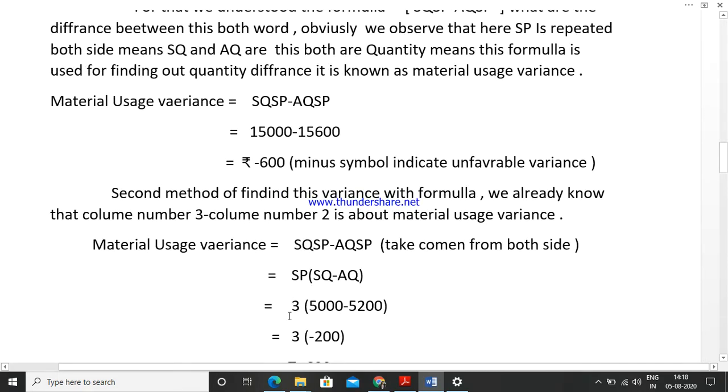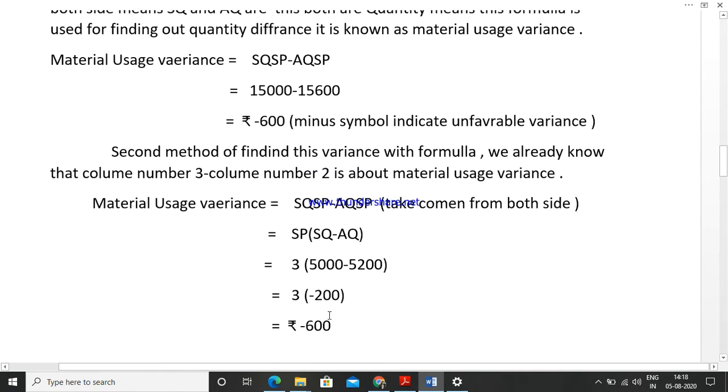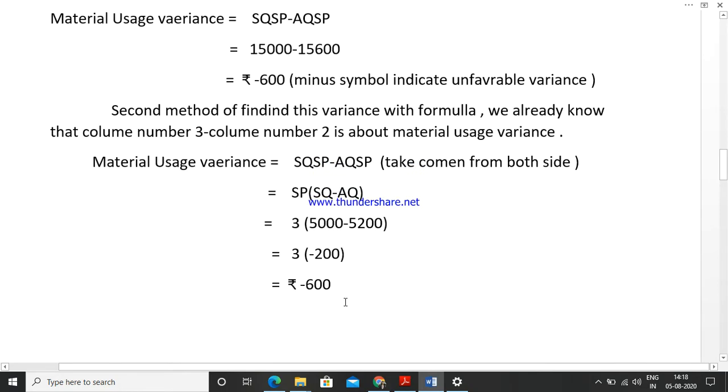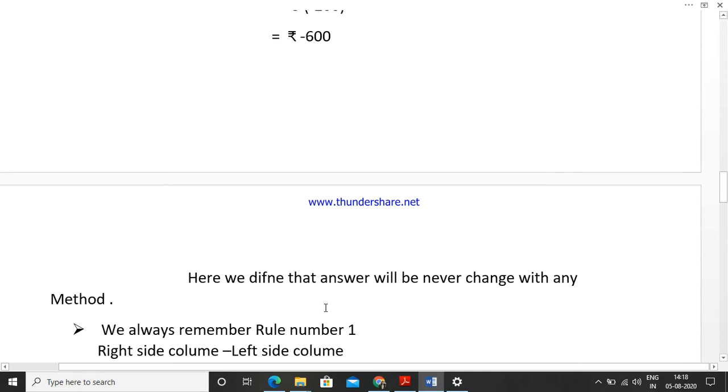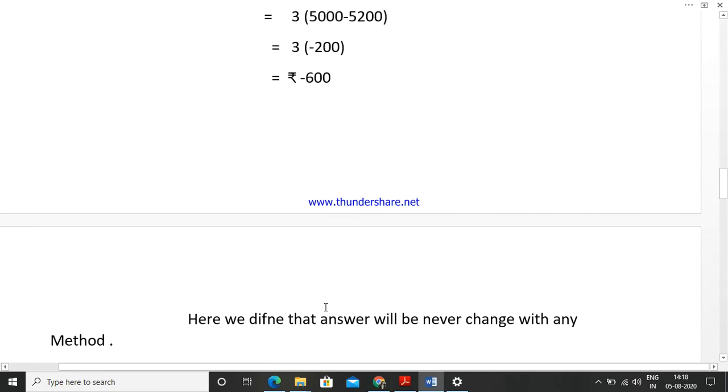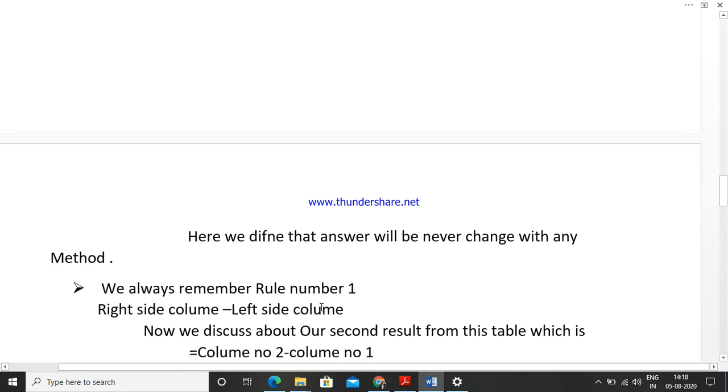SP means standard price is rupees 3, where standard quantity minus actual quantity is 5000 minus 5200, means 3 multiplied by minus 200, we receive minus 600. Here we see that the answer with both methods never changes.